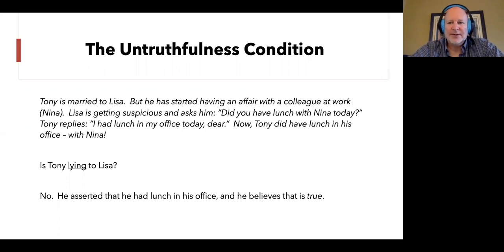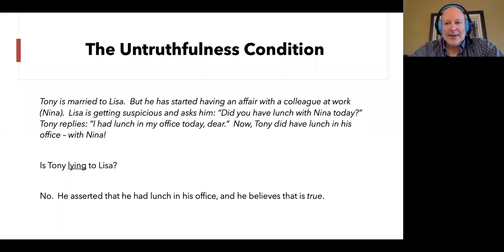Critically important to understand, though, in this case, when we say that he's not lying here, or when the traditional analysis implies that he's not lying, we're not saying that Tony hasn't done anything wrong. And we're not saying that Tony hasn't deceived his wife. We're not saying that Tony isn't doing something immoral here in some sense by deceiving his wife in this kind of way.